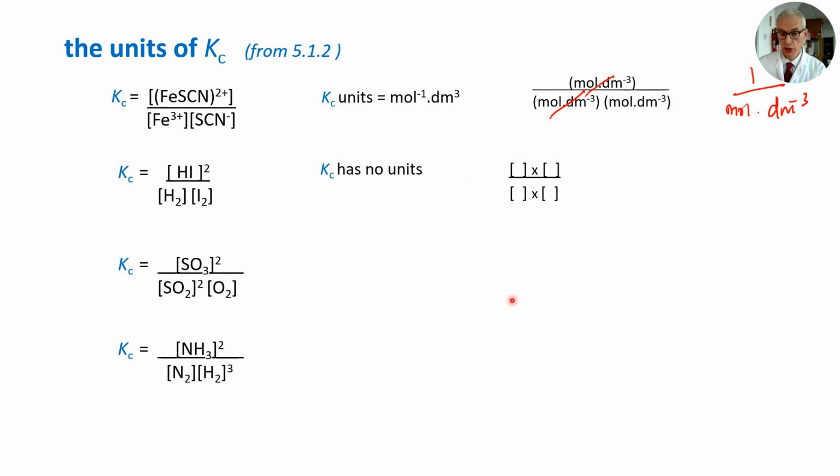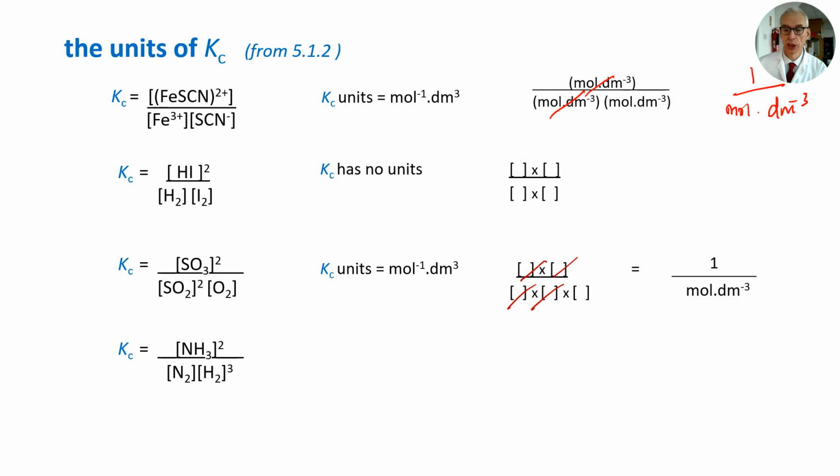Moving on to the next one. Moles to the minus 1 dm cubed. So this is similar to the previous example. We've got concentration squared on top, concentration cubed on the bottom, cancel out above the line and below the line, leaves us with 1 over moles per dm cubed, which translates to our moles to the minus 1 dm cubed.